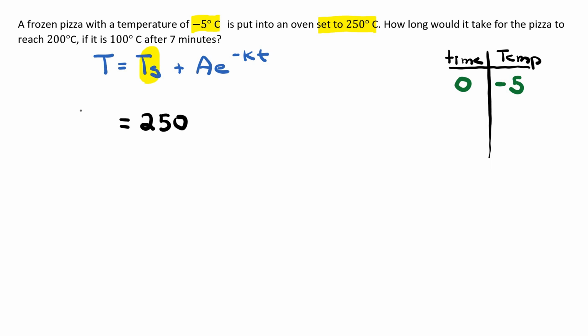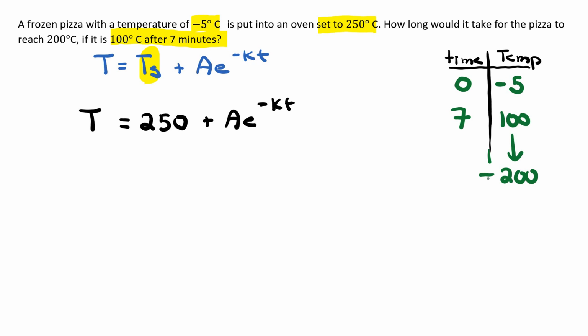So 250, capital T, plus Ae^(-kt). And then how long will it take for the pizza to reach 200 degrees if it's 100 degrees Celsius after 7 minutes? So after 7 minutes, it's going to be 100 degrees Celsius, and we want to figure out how long it will take for this pizza to get to 200 degrees Celsius. So those are the parameters given to us in this problem.